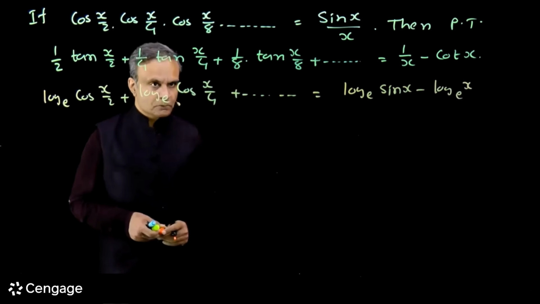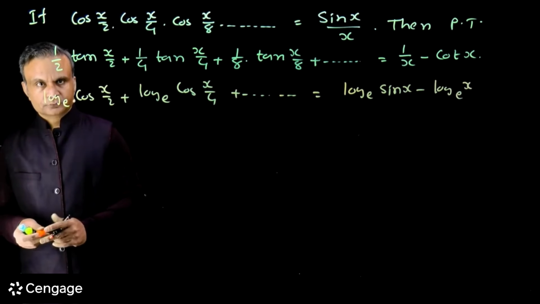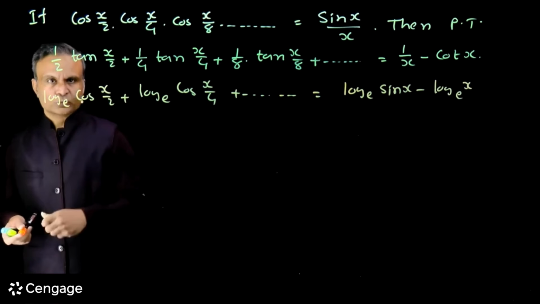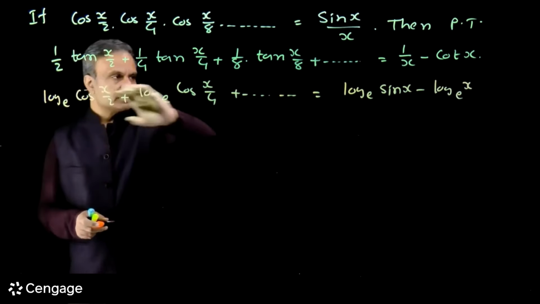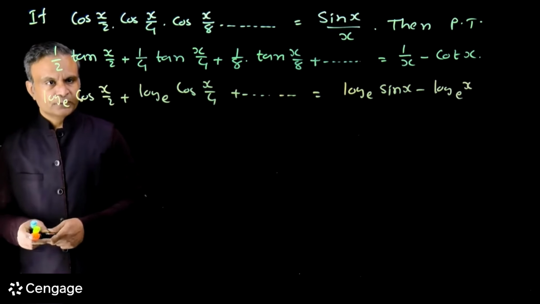Okay. Next, क्या करेंगे? We have here 1 over 2 into tan x over 2. तो क्या करेंगे? Definitely we will differentiate this with respect to x. हम इसको x के रिस्पेक्ट में differentiate करेंगे.